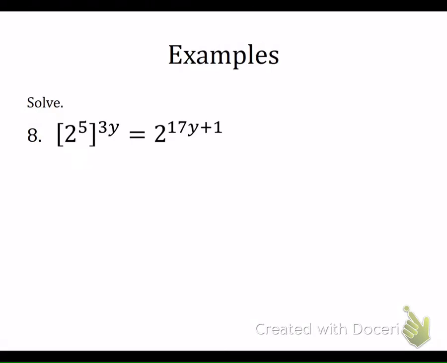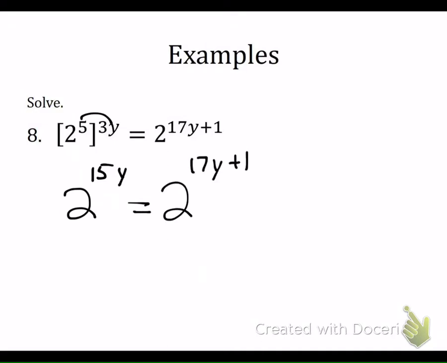So what do you think I should do here? Yeah, I need to multiply these two. So this is 2 to the 15y equals 2 to the 17y plus 1.